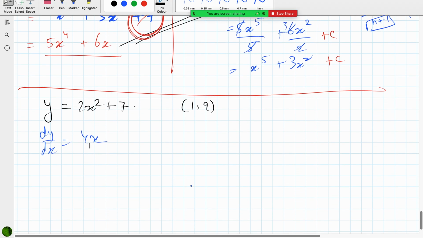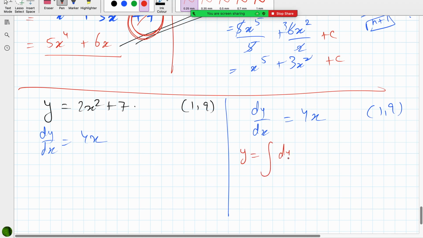Done? So if you were given this data that dy by dx is 4x and one of the points is given, and you are asked to find the equation, we know that y will be the integral of whatever is given.